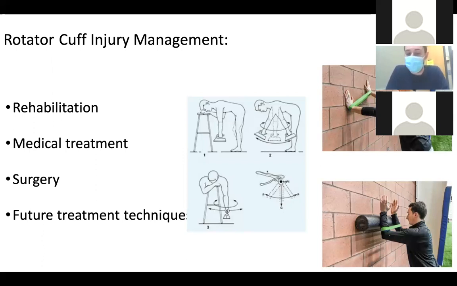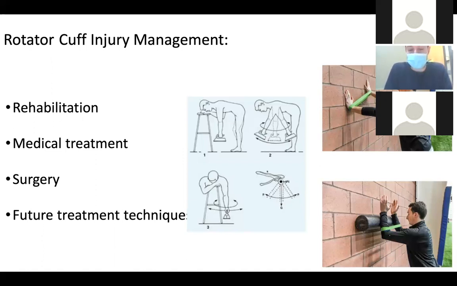Once improvement is reached, range of motion exercises can be progressed to active assisted activities followed by active unassisted activities, such as the images on the right.